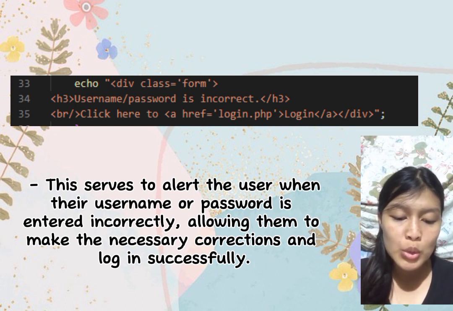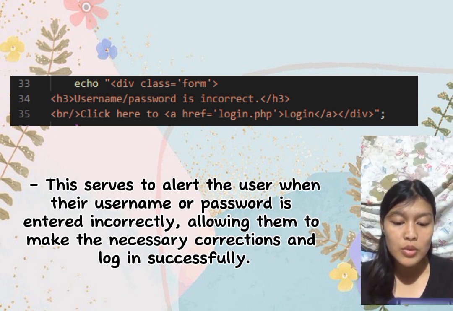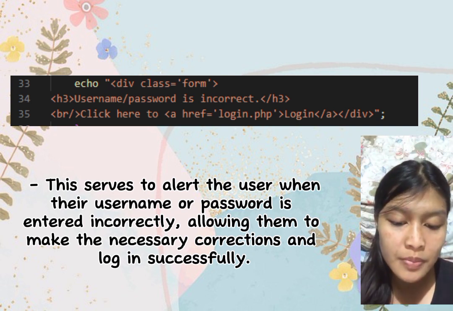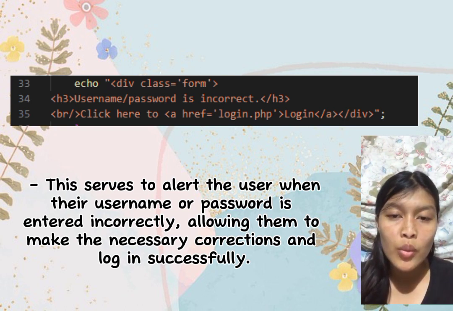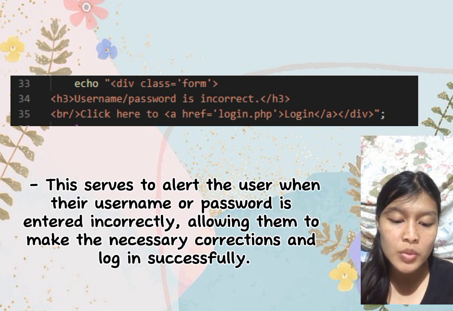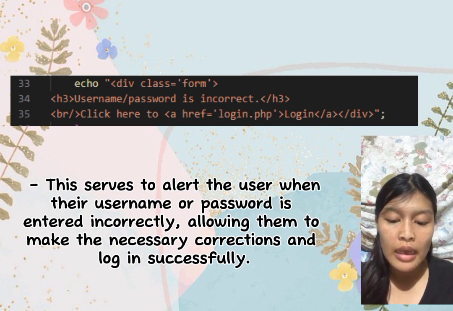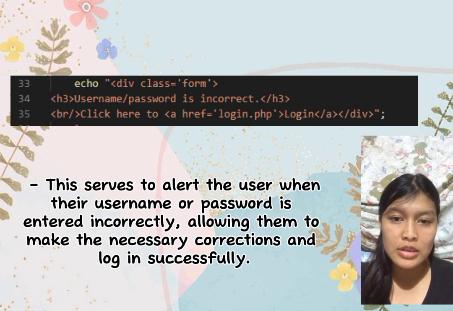Click here to a href equals login.php. This serves to alert the user when their username or password is entered incorrectly, allowing them to make the necessary corrections and log in successfully.